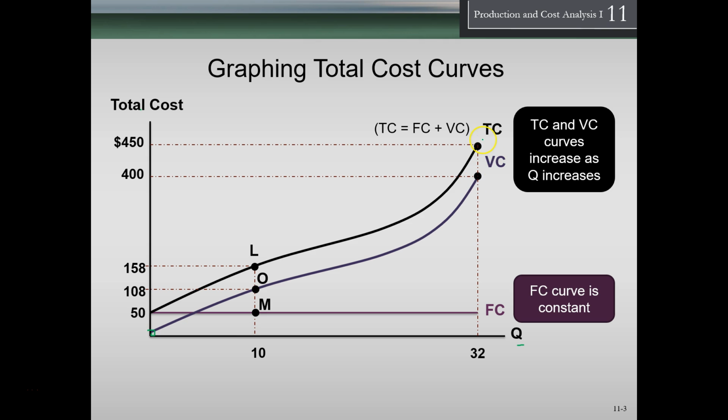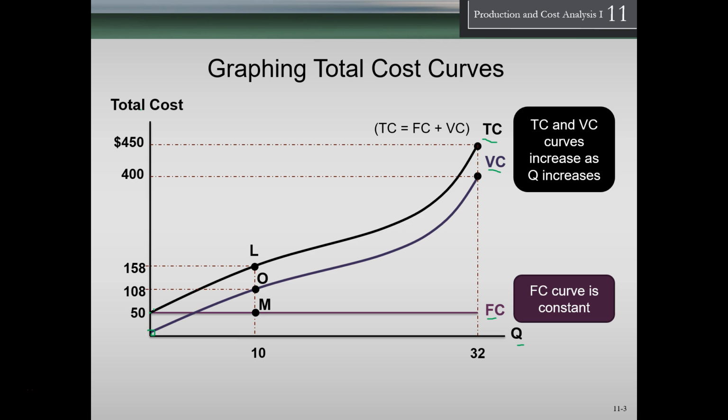And then, of course, if we look at the total cost curve, what does total cost consist of? It consists of the fixed cost plus the variable cost. So that means if we start at 0 units, we have a fixed cost of 50, and a variable cost of 0. If we add those two up, we start at 50. So if we produced no units, we wouldn't have any variable costs, but we still have to pay the rent.